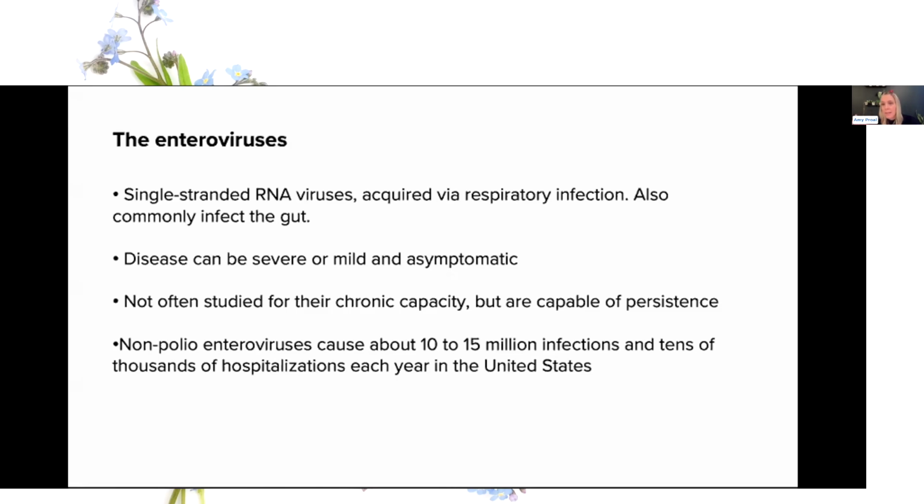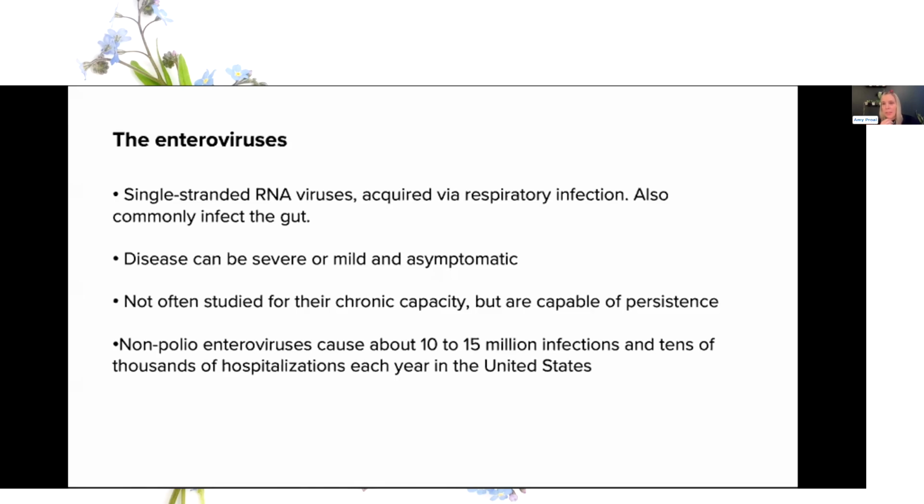Also, people who get an enterovirus infection can have severe disease and become very, very sick, or they can just have a mild or sometimes even asymptomatic case, which is also similar to SARS-CoV-2 in the way it drives disease. Another thing is that the enteroviruses are not often studied for their ability to persist because RNA viruses are often understudied in that capacity.